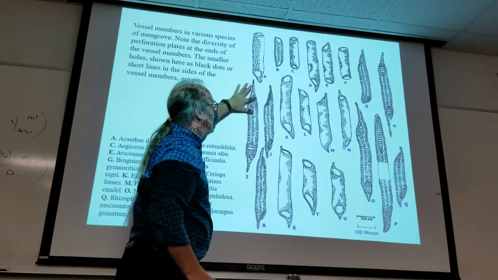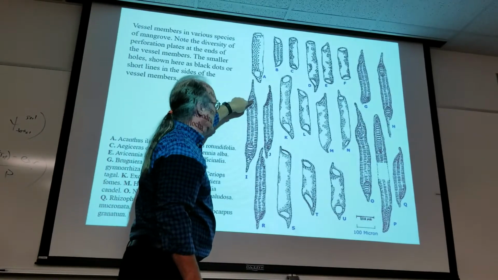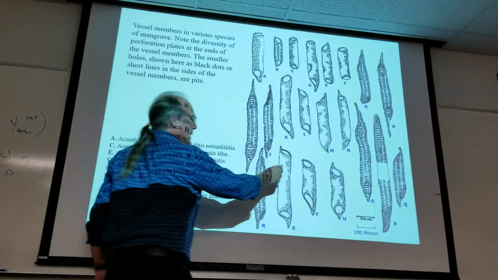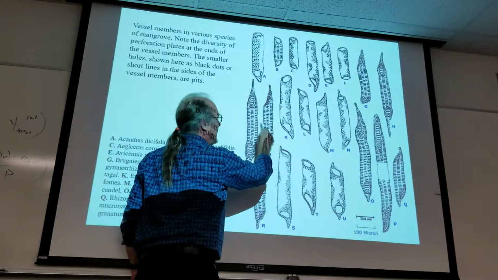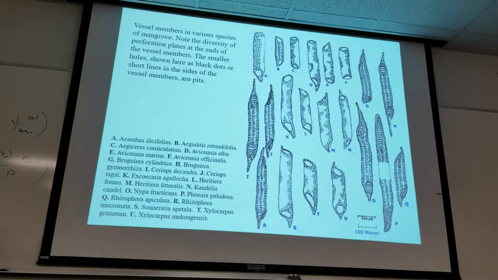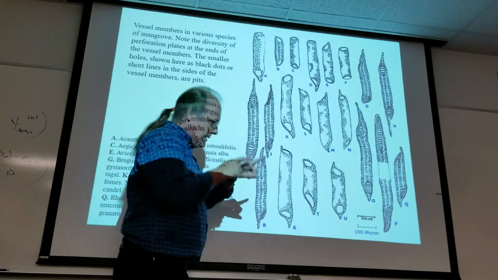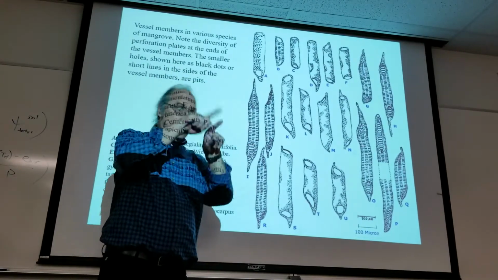So this is the perforation plate for these vessel members. And these little black dots and little stripes here are the pits that are found in the side of the vessels and between adjacent vessels or between vessels and tracheids.